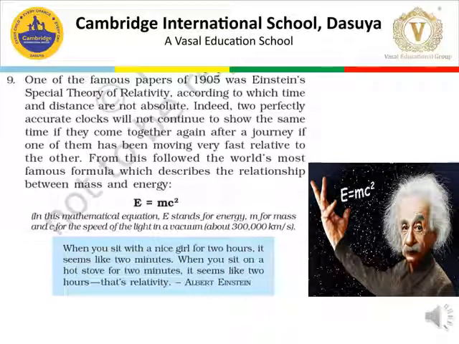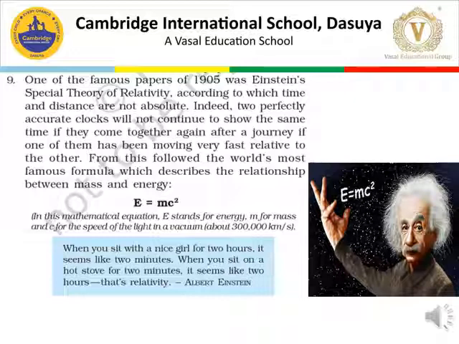Albert Einstein gave two theories of relativity. One was special theory of relativity, which was given in the year 1905, and the second one was general theory of relativity.